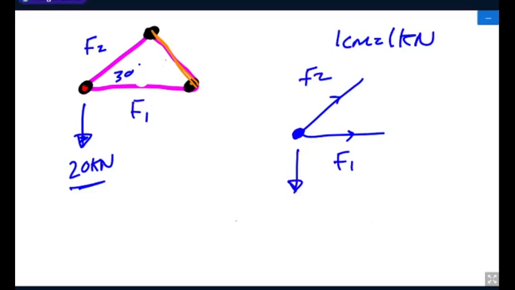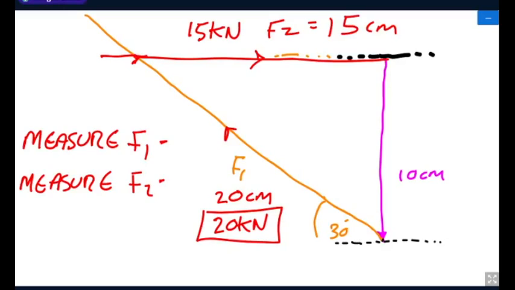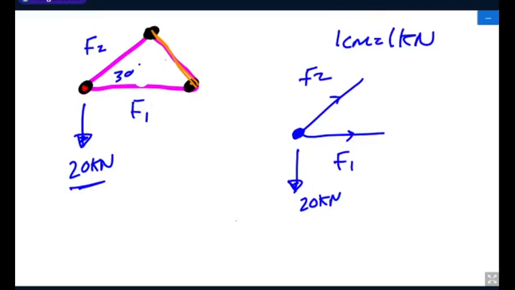There's my 20 coming down like this, just like this one. We draw 20 coming down like that because we know it's coming down.